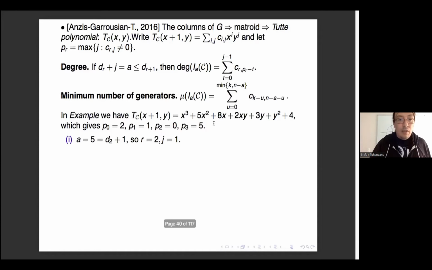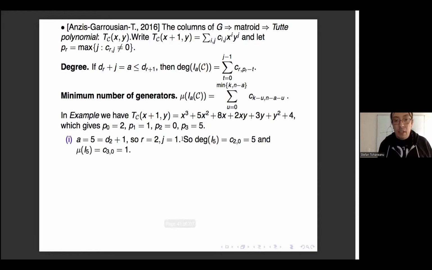And those are the values. And now we use this formula. So we identify who is J, who is I, who is R, and we get that the degree is indeed 5 because I5 is generated by the product of all linear forms. And we have 5 of them, and the minimum number of generators is actually 1 because it's just one generator.